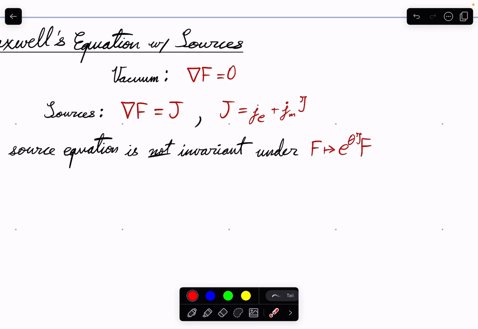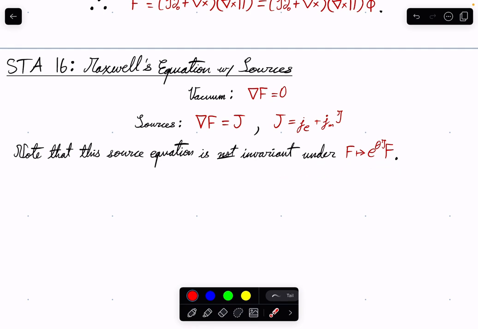However, this equation is not. This will be talked about more later in the paper, so I'll cover it in a later video.